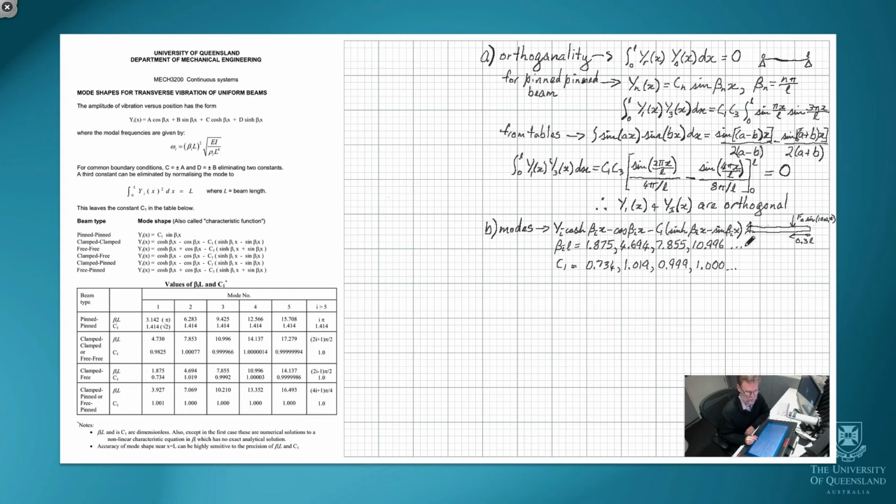So now we can work out our forced beam solution. Once we have the modes, we work out how much each mode is excited. And this is what we did in lectures. It's called a modal participation.